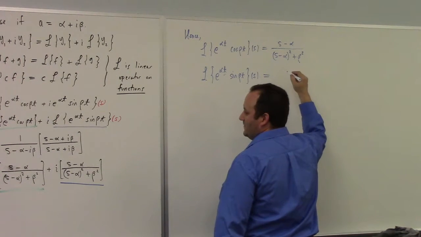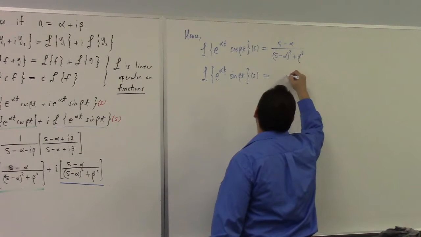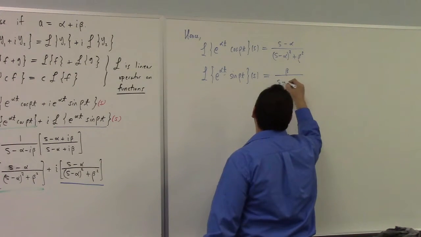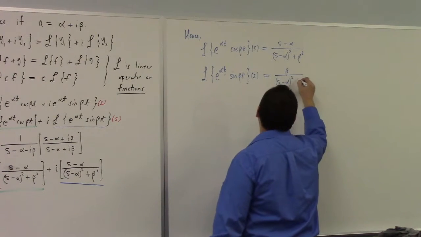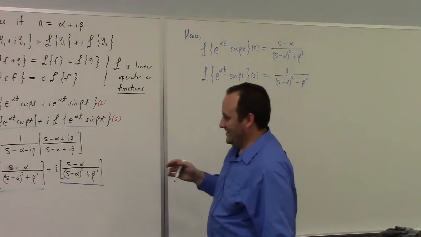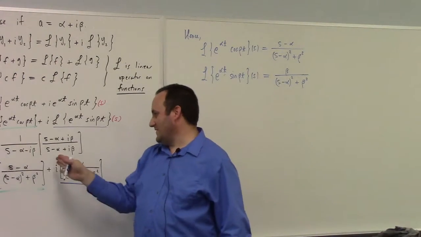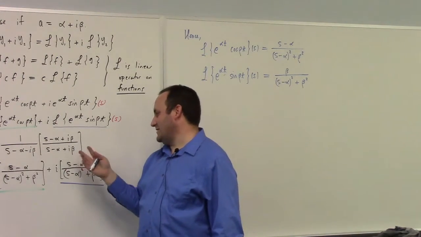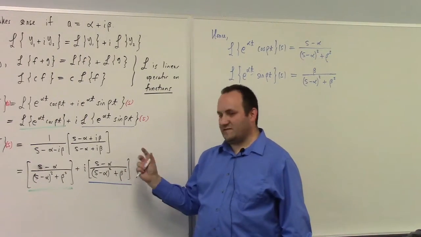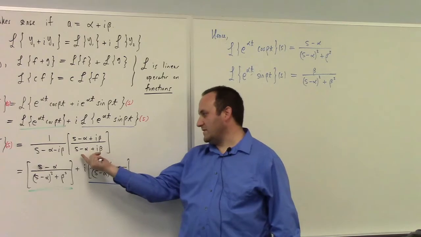Oh, I did something wrong there. Beta. Fun. You see what I did? When you multiply this out, what's the coefficient of I? It's I divided by the denominator. The denominator is real. It's s minus alpha squared plus beta squared. The cross terms cancel. That's the whole point of multiplying by the conjugate.